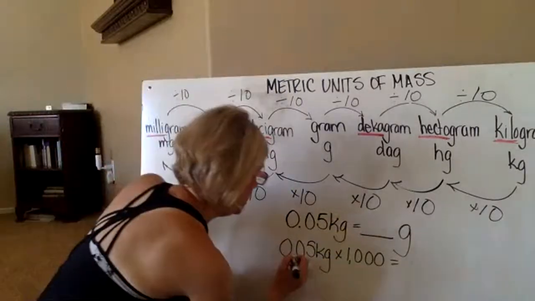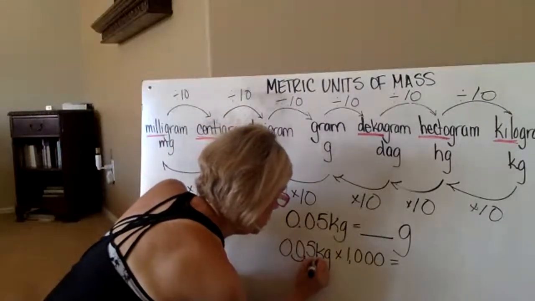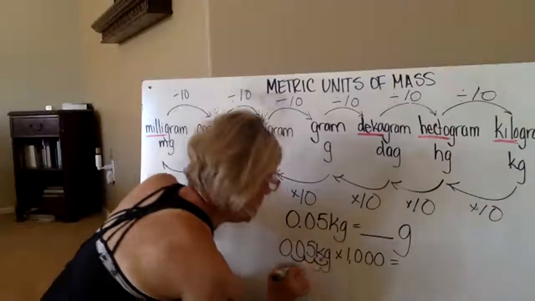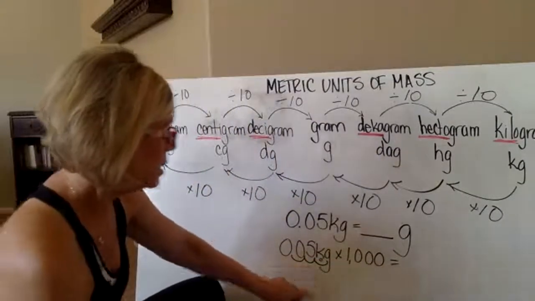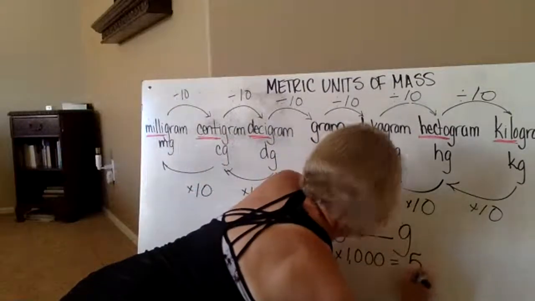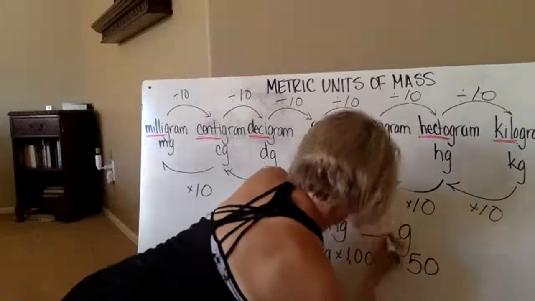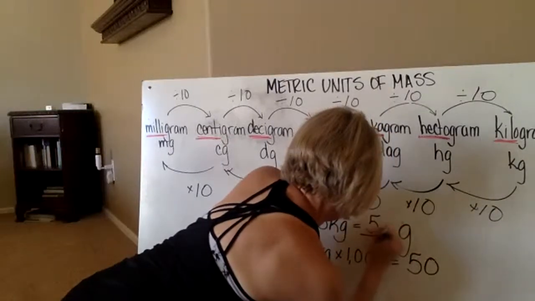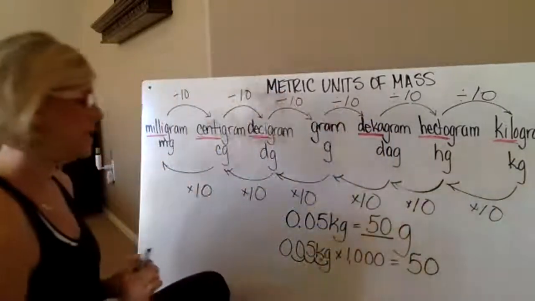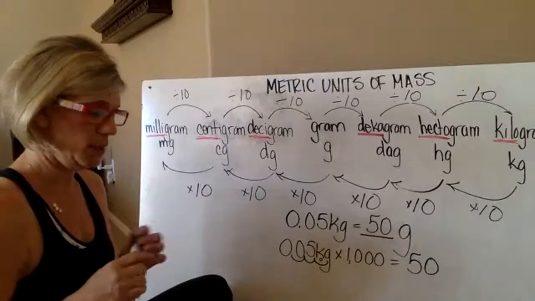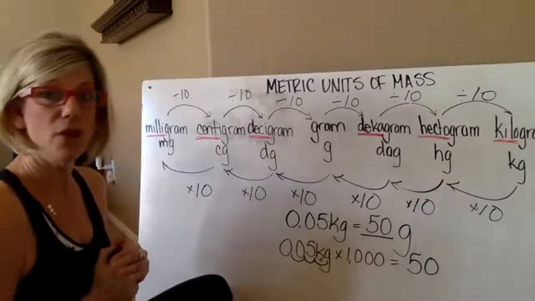So here it is. We're going to go 1, 2, 3. That means a 0 is going to go here. And so our number is going to be 50 grams. That's the way it's done, the easy way.